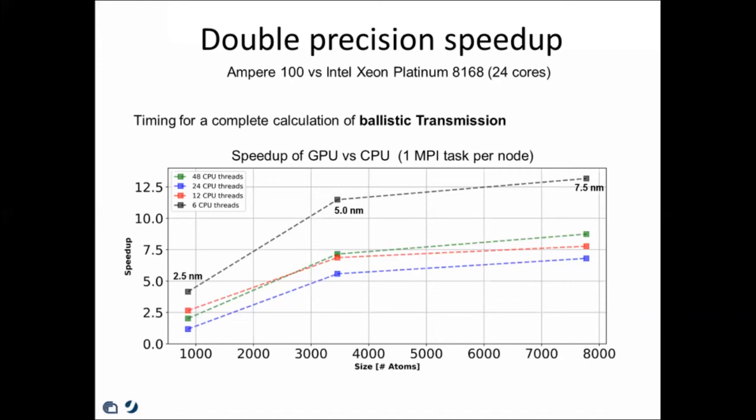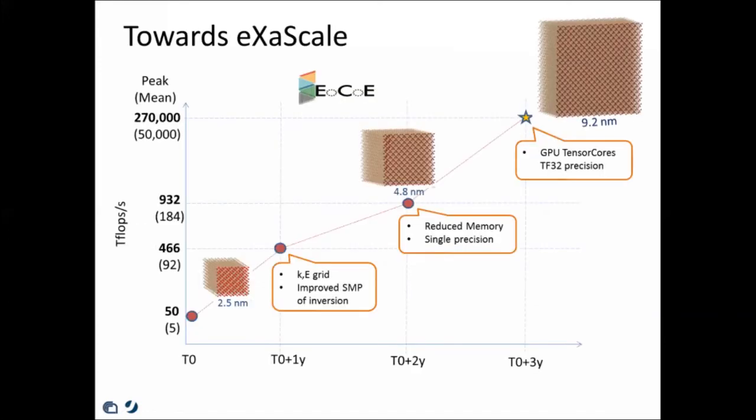So this obviously calls for the single precision compilation that we are doing. And this is important for the ECO project, this, let's say, scaling or bringing towards exascale the code.